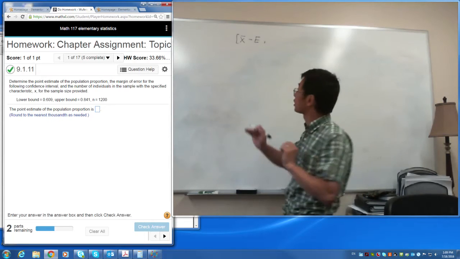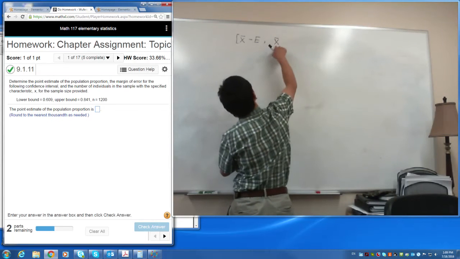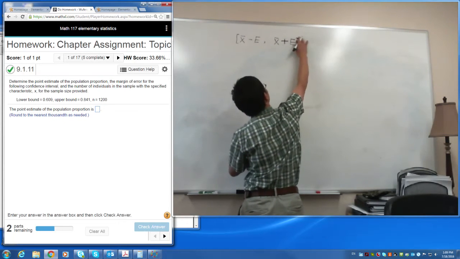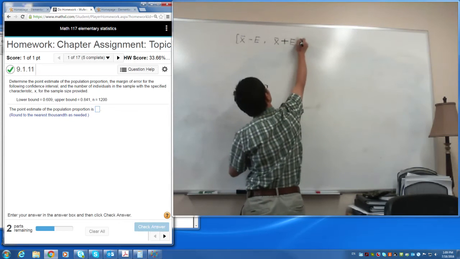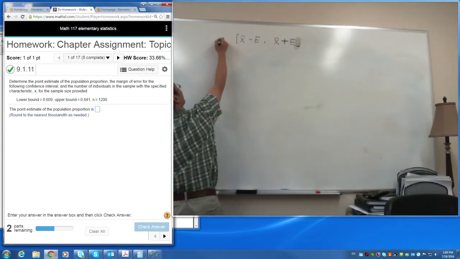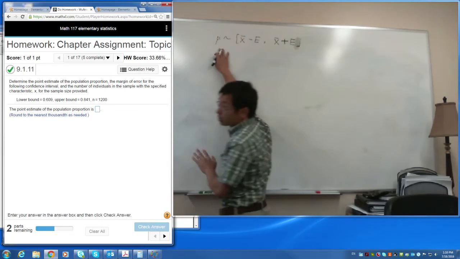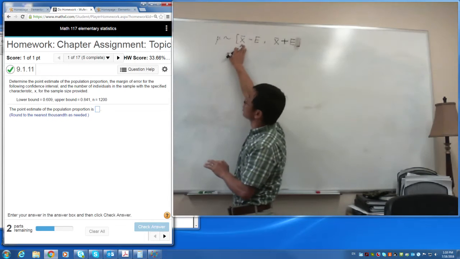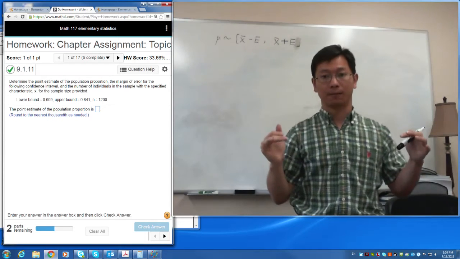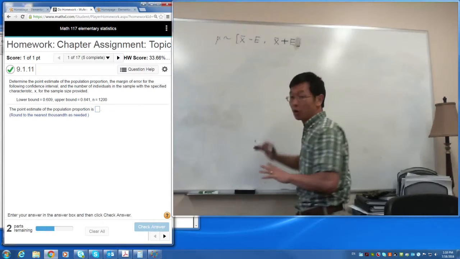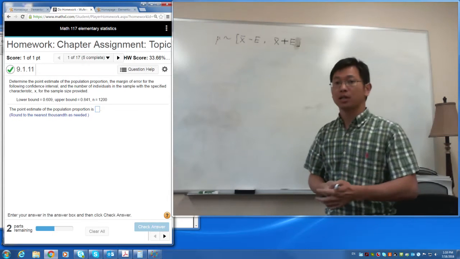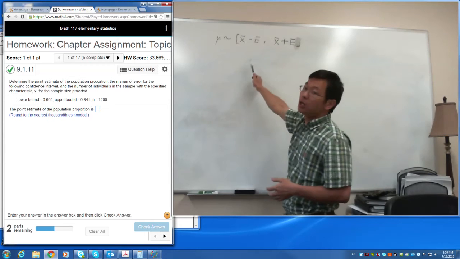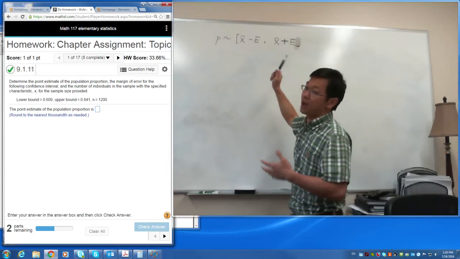This error we call the margin of error. This is what we want: we estimate the population mean based on the sample mean. Once you get the idea, the whole chapter is much easier, because it is either estimating the sample mean, estimating the error, finding the confidence interval, or finding the sample size.